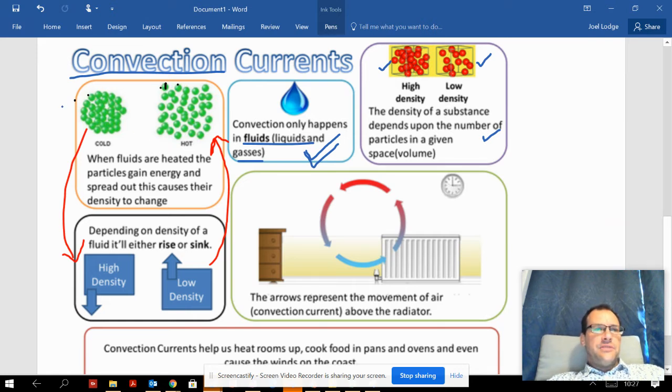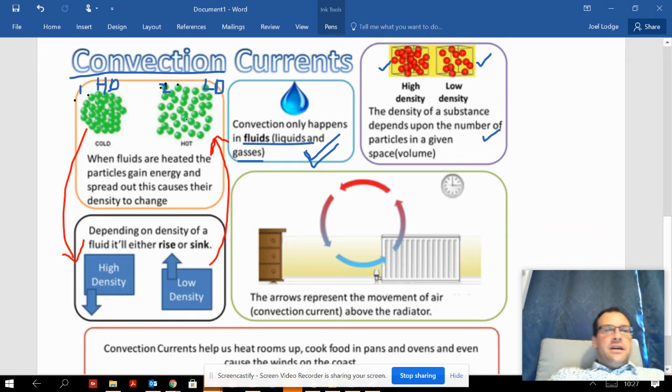Who can tell me which has got the higher density? Is it diagram 1 or diagram 2? You're absolutely right. Number 1 is higher density. Number 2 is low density, because we've got more particles in a given volume here than we have over here.